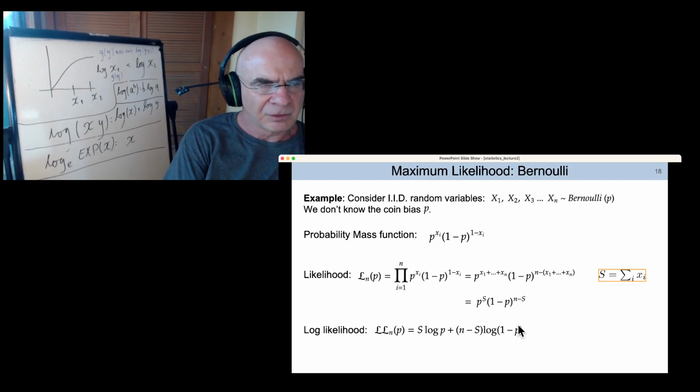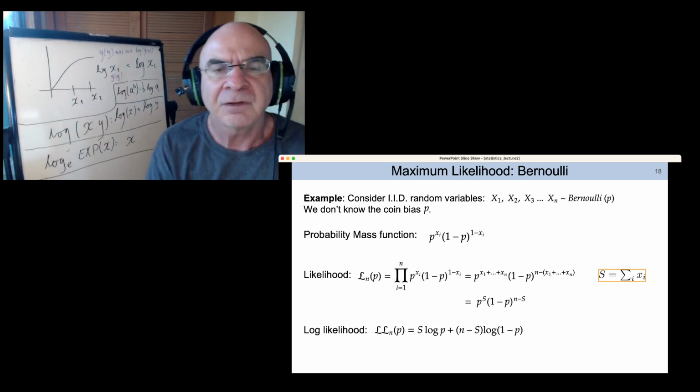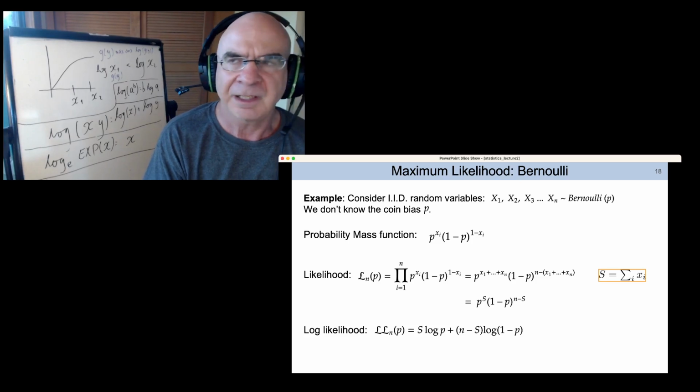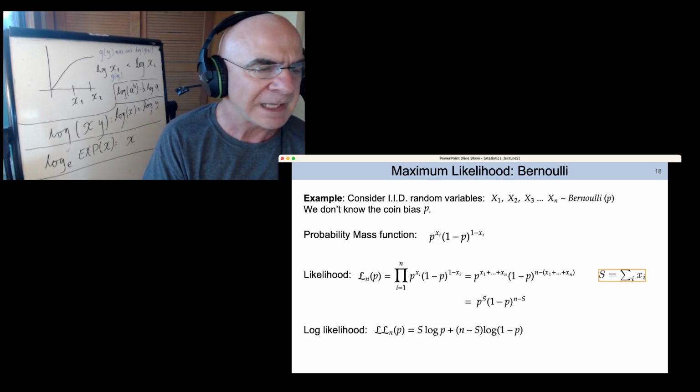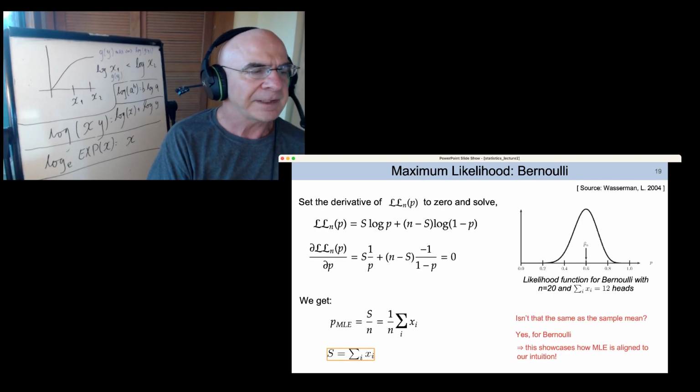The b from the exponent moves to before the log. So this is the log of the likelihood, and we want to find which value of p, that is the bias of the coin, I should have said it a long time ago, will bring it to the maximum value, suggesting the most likely experiment.